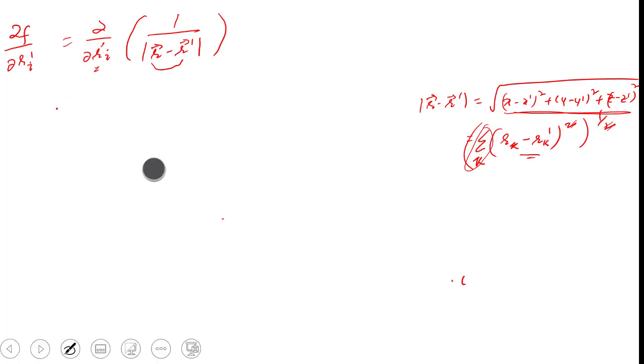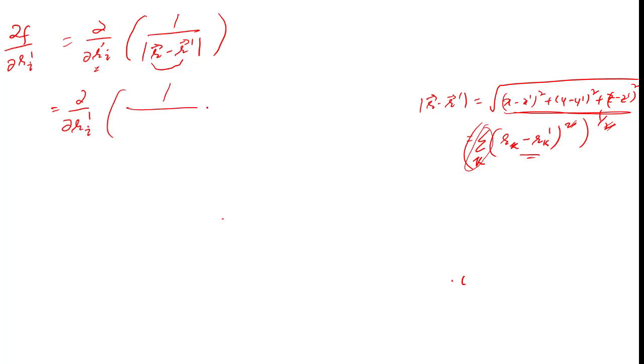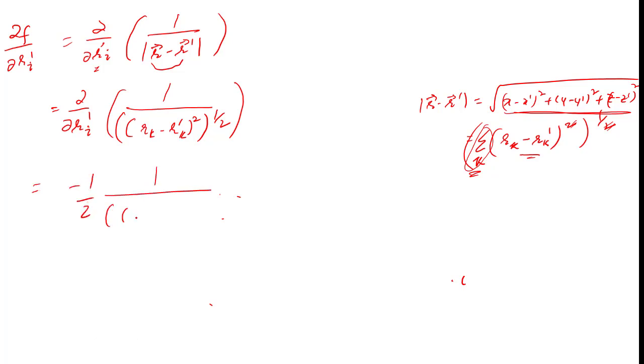So then I can write this as ∂/∂ri' of 1 over, I'm not going to write sigma k because it's repeated, so it's summed over, (r − r')² whole to the power half. That would give me minus half, 1 over (rk − rk')² to the power 3/2 because I differentiated.